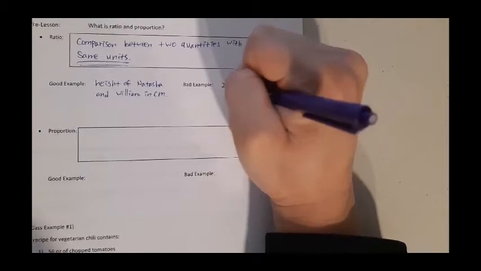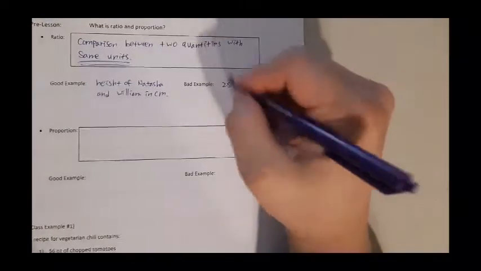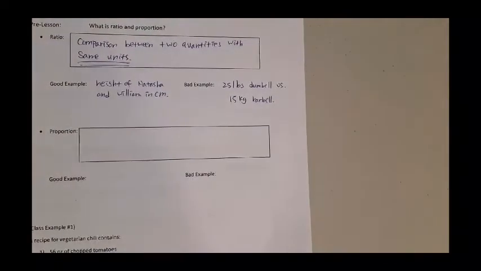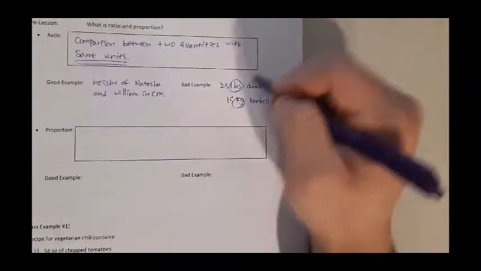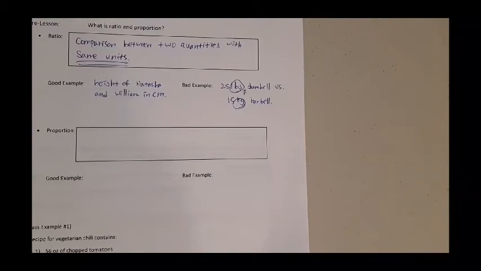A bad example can be, for example, a 25 pound dumbbell versus a 15 kilogram barbell. As you may notice, we're talking about the weight system. However, the two units, pounds and kilograms, are not the same units as each other.